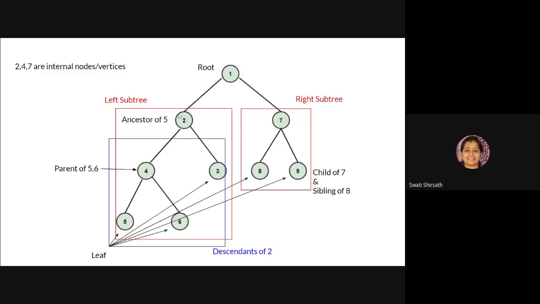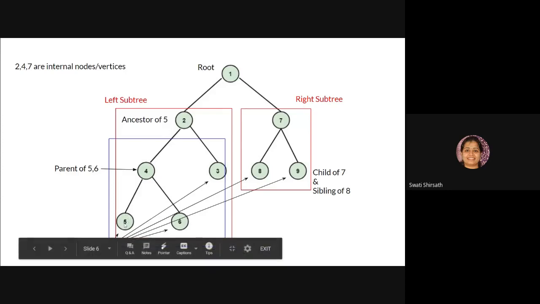Then we have seen that 2 and 7 are children of 1. Similarly, 8 and 9 are children of 7. Also, 8 and 9 are siblings of each other. Then the ancestor of 5. So this 2 is the ancestor of 5.